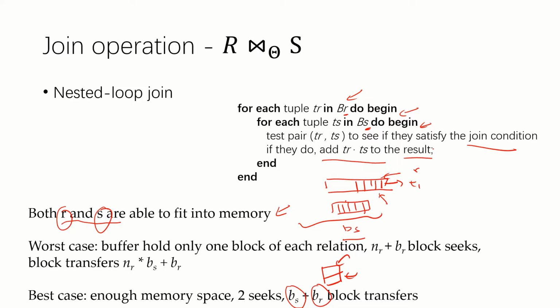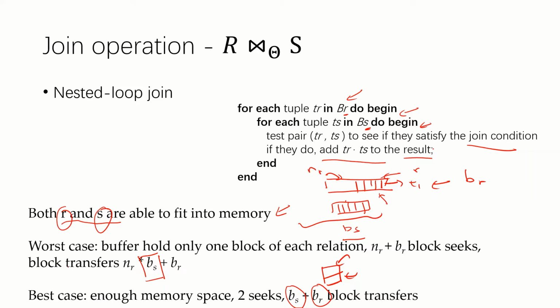And so you can imagine in this case, the number of block transfers will be first the number of blocks of R, which is BR, and also the number of blocks of S, multiplied by the number of times I need to transfer the blocks into my inner for loop. So the number of times I need to transfer my blocks into the inner for loop will be the number of tuples in my outer for loop, which is equal to nR.